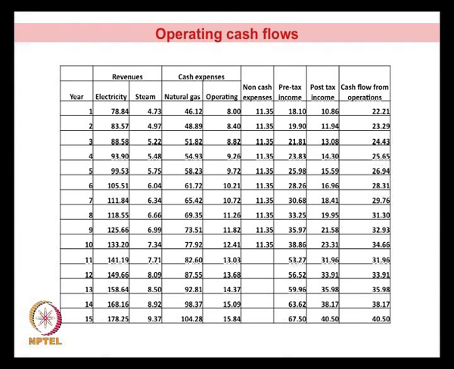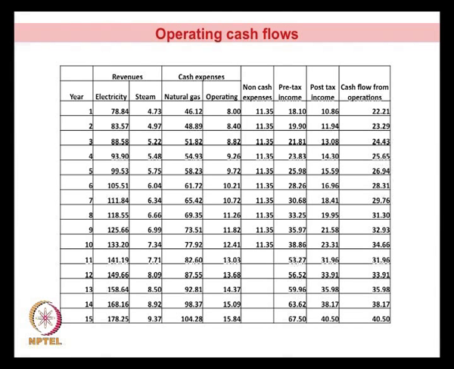So if you notice, there is no depreciation from year 11. Why? Because the assets are completely depreciated over a 10-year period, and there is no further value that needs to be depreciated from year 11 onwards.